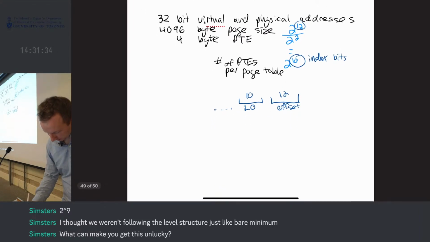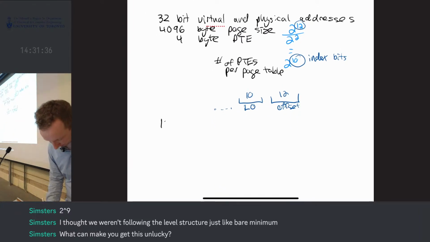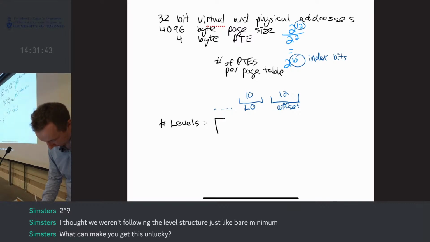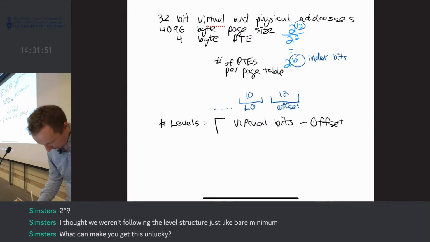So the equation, which isn't much of an equation on the sheet, is the number of levels you need is equal to the ceiling of our virtual bits minus offset bits divided by however many index bits we need.